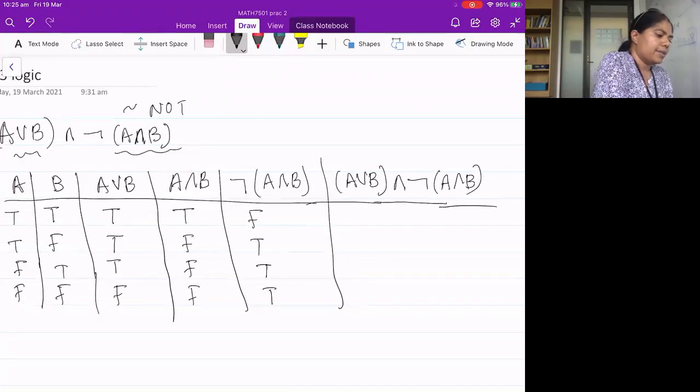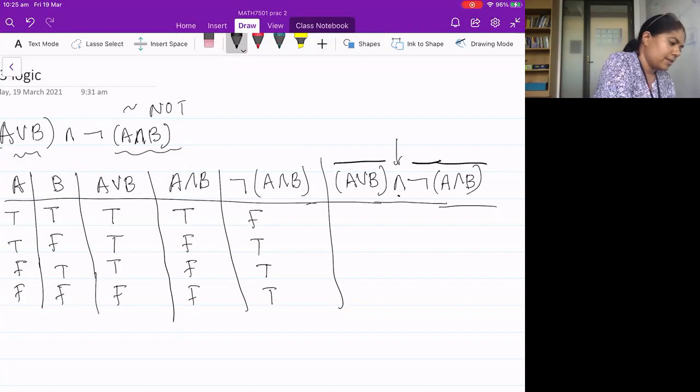Okay, so it's this part and that part. Again, because and is true only if both are true. So true and false would be false. False and true is false.